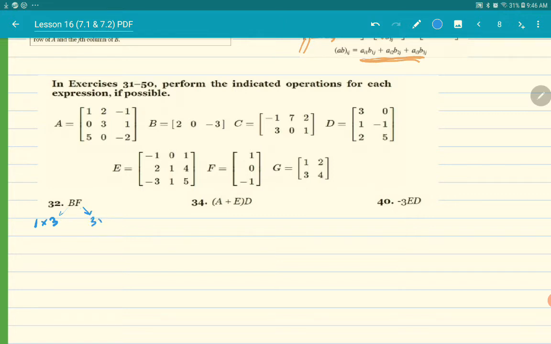Remember, it's R by C, row by column. I check my inside values, the 3 and the 3 match, which means that this product is defined and I can proceed. And then my result is going to be a 1 by 1. So my product BF is going to be a 1 by 1 matrix.